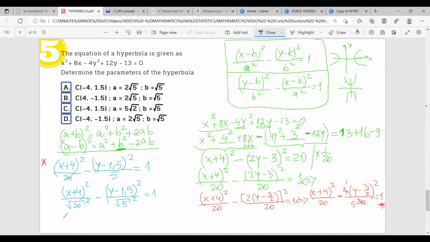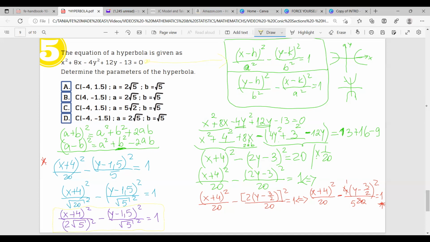And then one more time, x plus 4 squared. Square root of 20 can be written as square root of 4 times 5. And square root of 4 is 2. So I can write 2 square root of 5 squared minus y minus 1.5 squared over square root of 5 squared equals to 1.